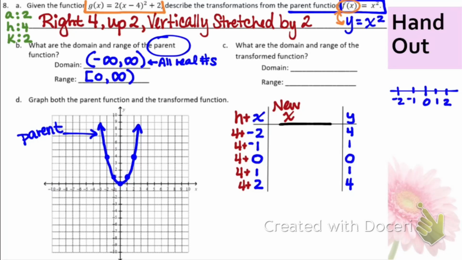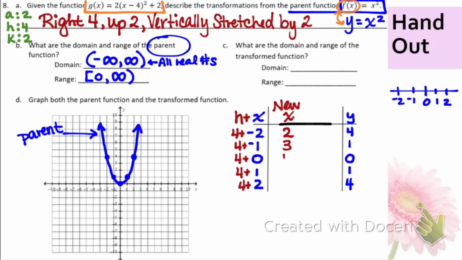If I was standing at -2 on the number line, and then I moved to the right 4 spaces, where am I now? Positive 2. What about if I was standing at -1 on the number line, and then I moved to the right 4 spaces? Now I'm at 3. What about if I was standing at 0, and I moved to the right 4 spaces?